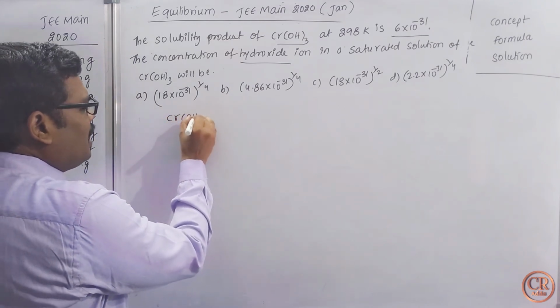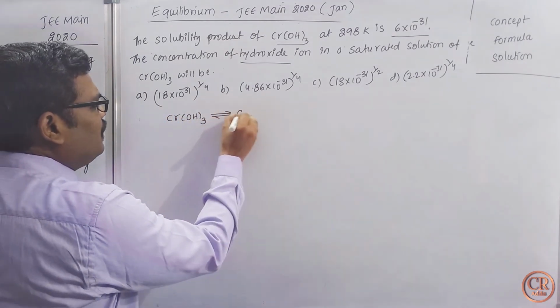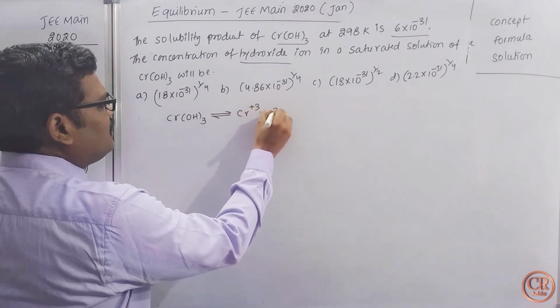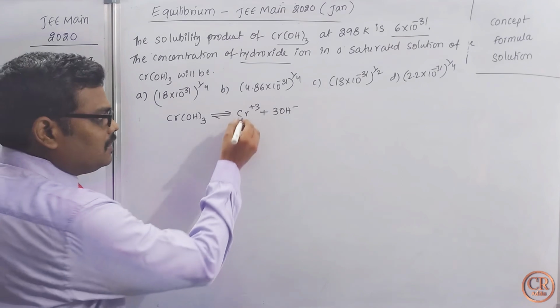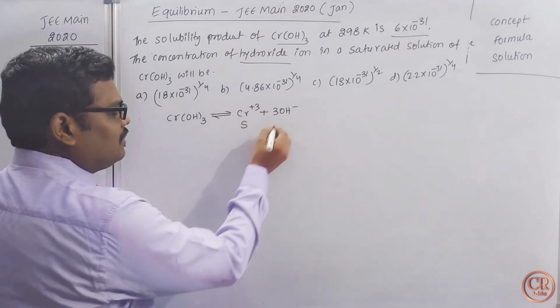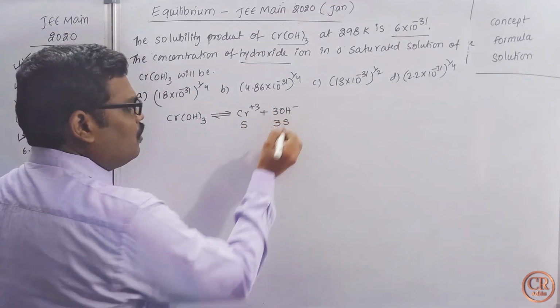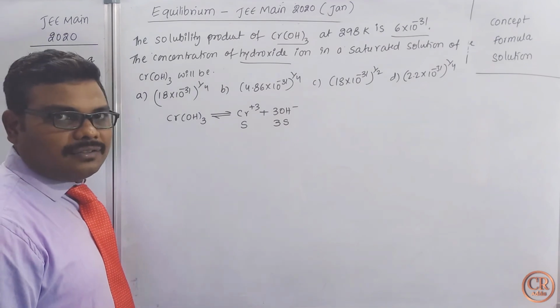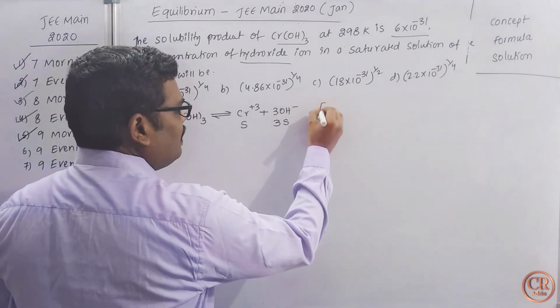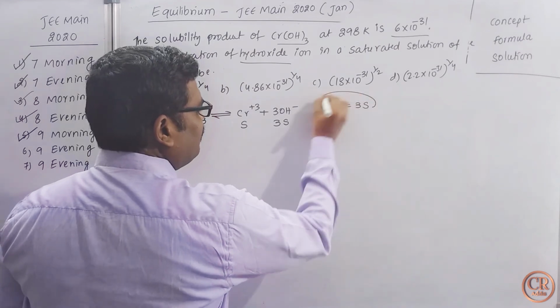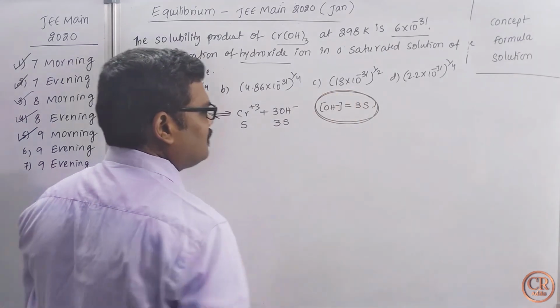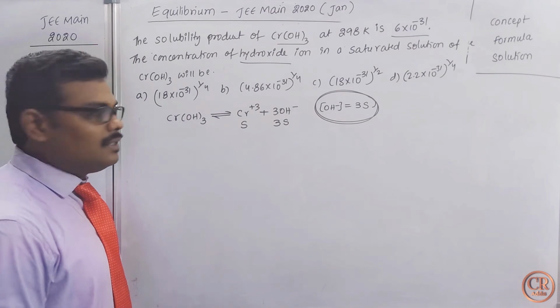When chromium hydroxide dissociates, it gives Cr3+ plus 3 OH-. If the solubility of chromium hydroxide is s, then the concentration of OH- becomes 3s. Remember, OH- ion concentration is equal to 3s.